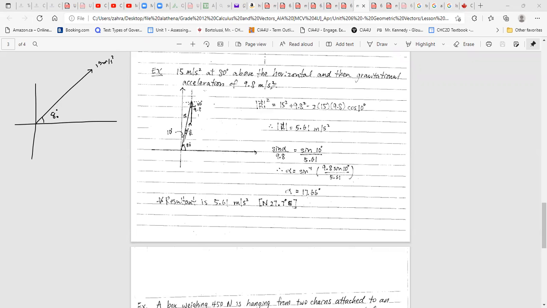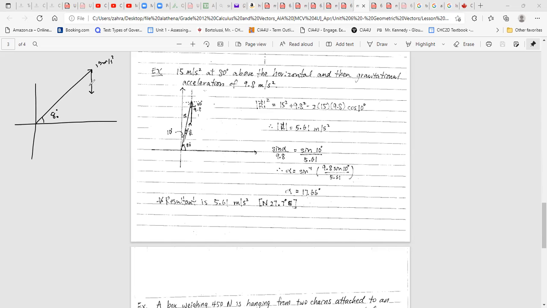Gravitational acceleration is 9.8. So gravitational acceleration is downward. Because I want to put these two vectors back to back, my second vector is straight down there. It's a little bit less than 15.